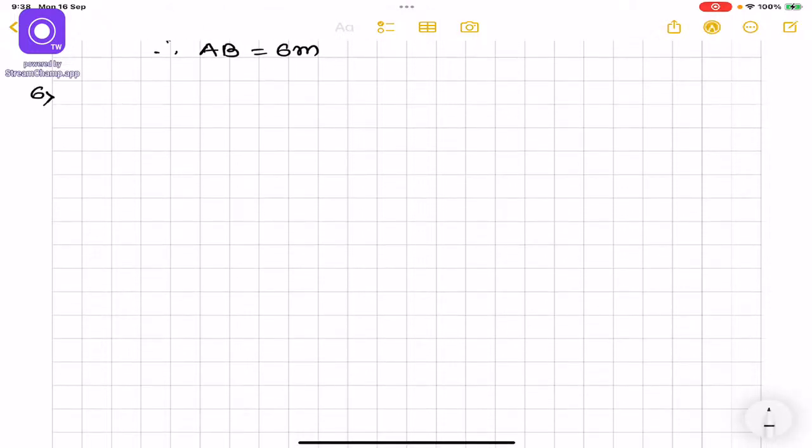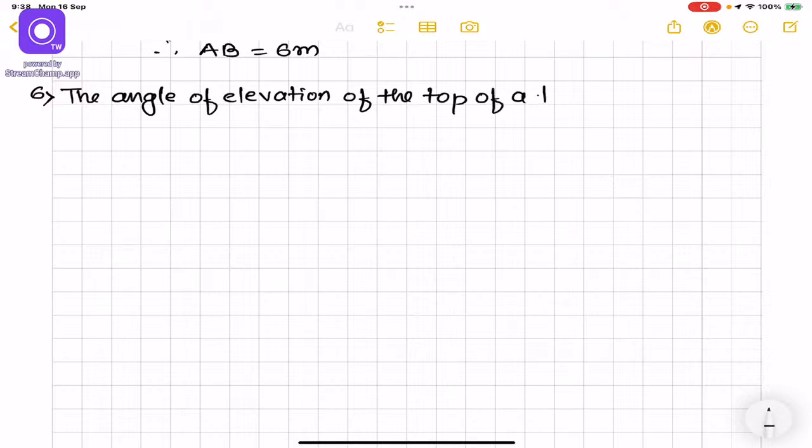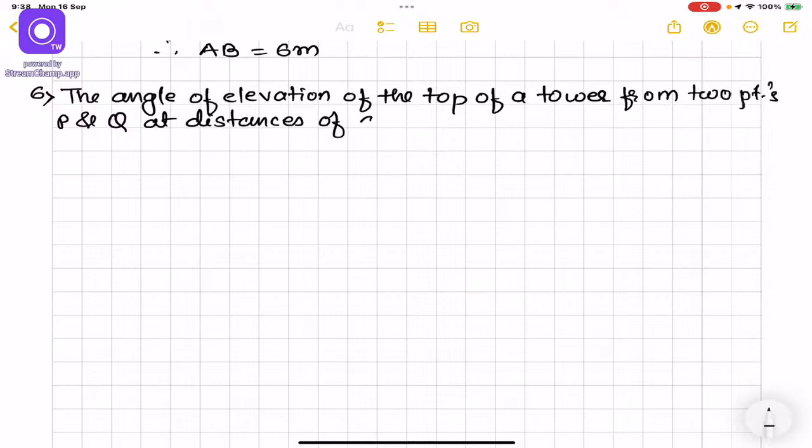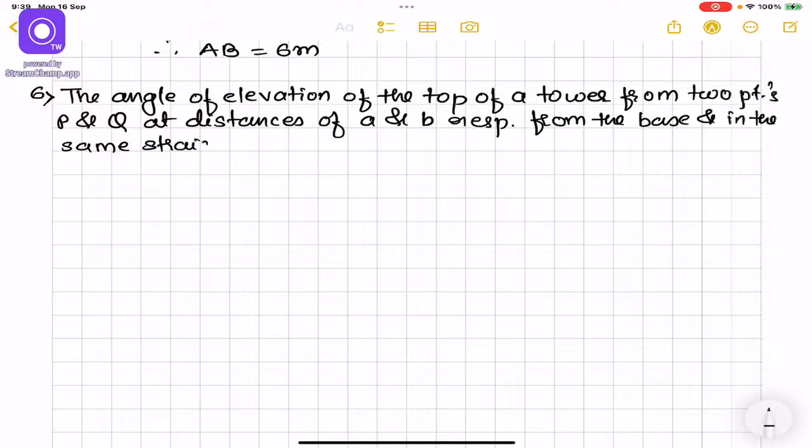So see, the next sum says the angle of elevation of the top of a tower from 2 points P and Q at distances of A and B respectively from the base and in the same straight line with it are complementary.